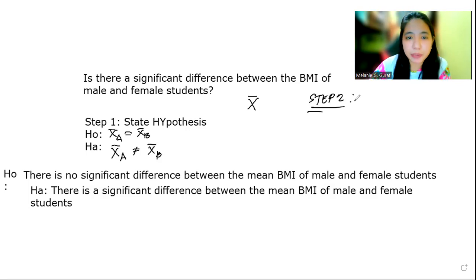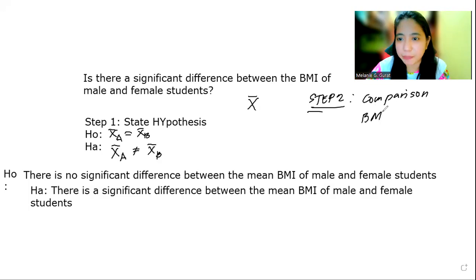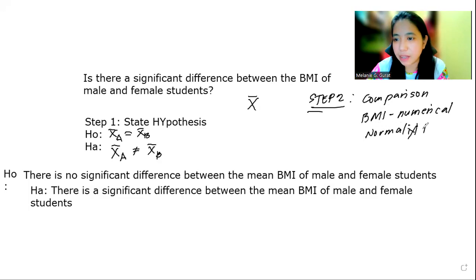For step two, since we know that the problem is a comparison, and we also know that BMI is numerical, what we need to do is to check if our data is normally distributed.